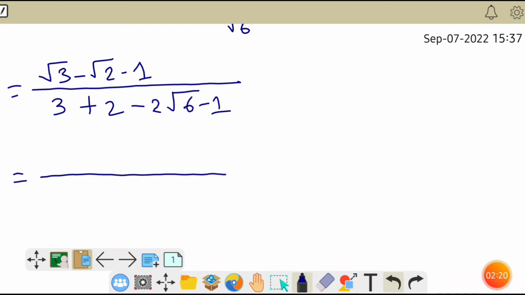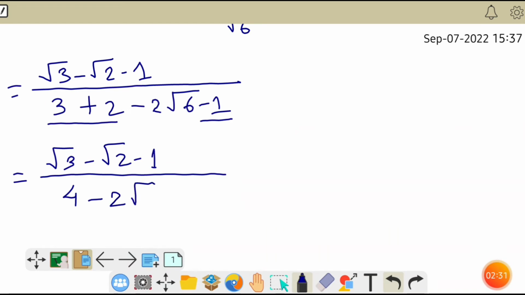Now we get root 3 minus root 2 minus 1. Now we have to add the numbers.